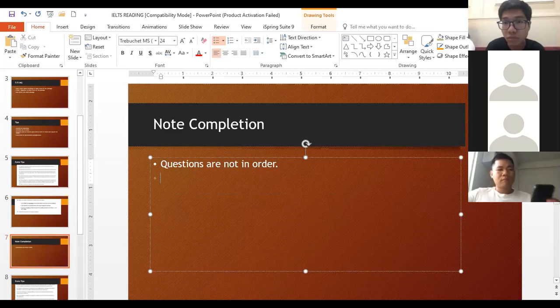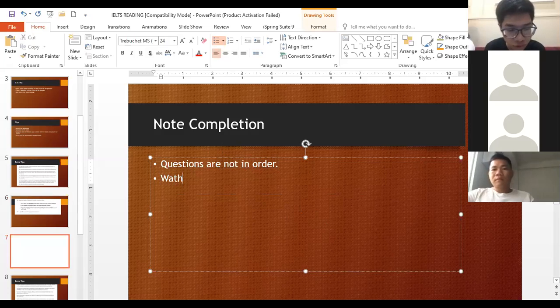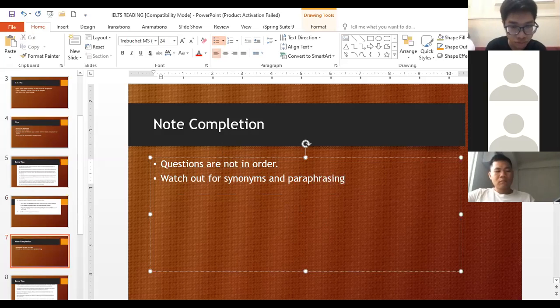What are the tips? What do you need to look at? Again, in IELTS, they use a lot of synonyms and paraphrasing. What are the other tips?